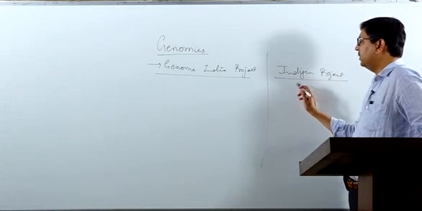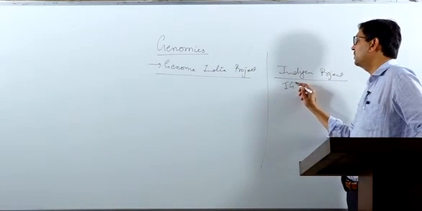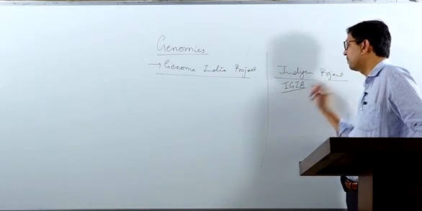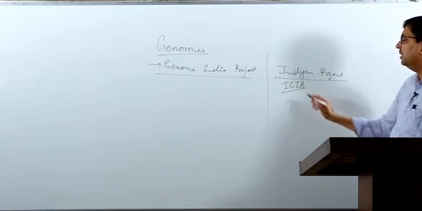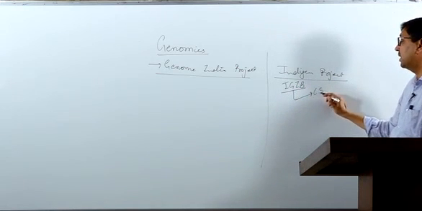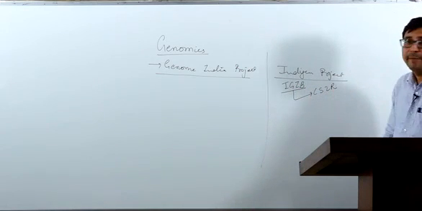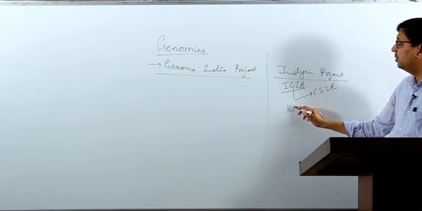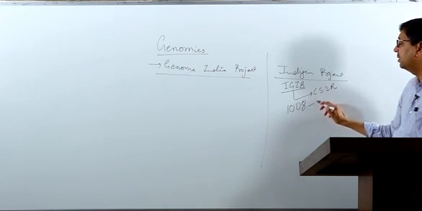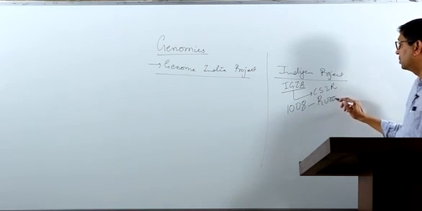This project is executed by the Institute of Genomics and Integrative Biology, which is a body of CSIR. What they did was take the genomes of 1008 rural youths.